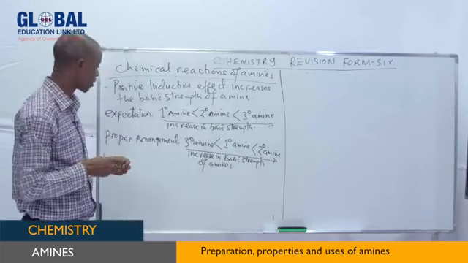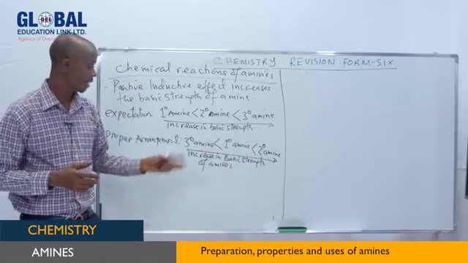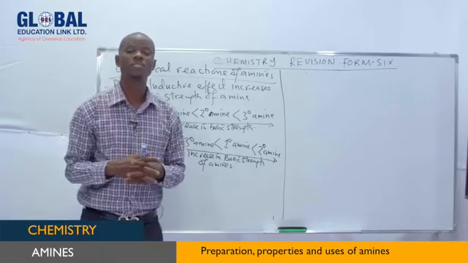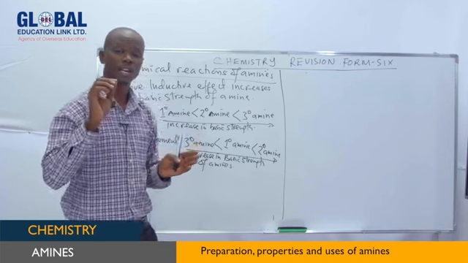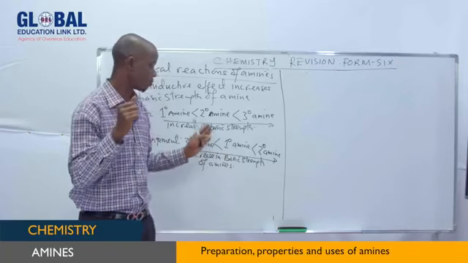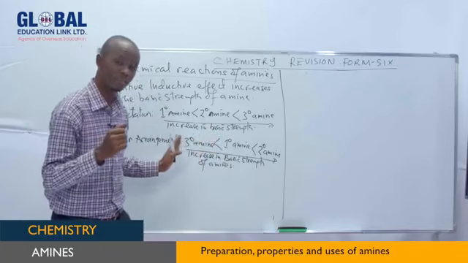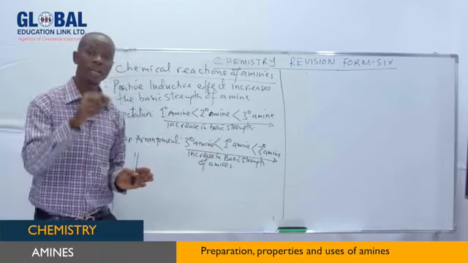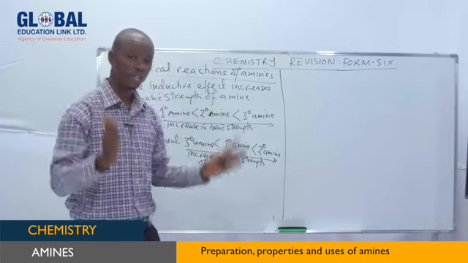So it is important here to remember that the positive inductive effect increases the basic strength of amine by stabilizing the positive charge of nitrogen atom, which is formed when the nitrogen atom accepts the proton. Now from there, there is a partial neutralization of the positive charge by partial supply of electron by positive inductive effect.